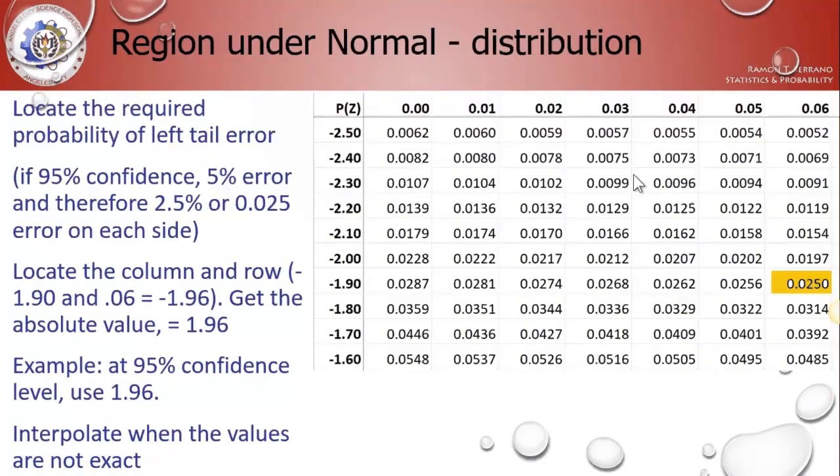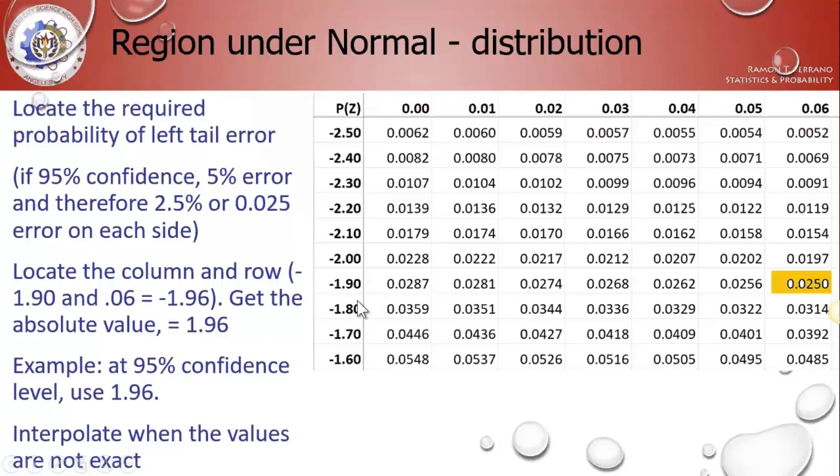And locating that in our normal distribution table, at 95% confidence, only 5% error remains. Divided by two, that becomes 0.025 on both sides. When you look for it here, you'll end up at the row of negative 1.9, and then 6 in the column on top.